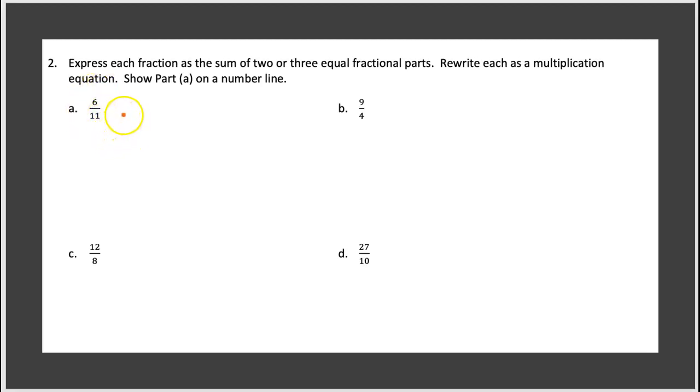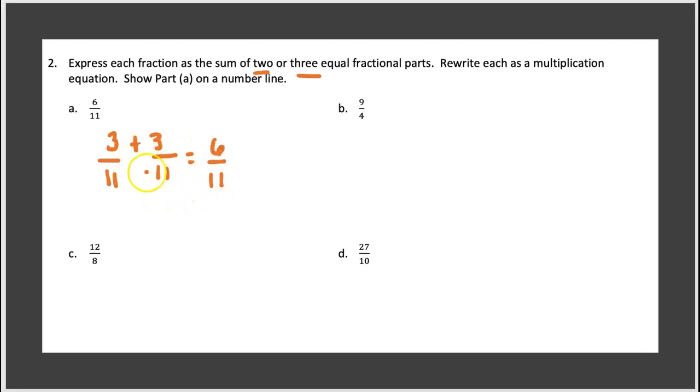Because it says 2 or 3, what 2 numbers will equal 6? Well, my brain automatically goes to 3 plus 3, because I know 3 plus 3 is 6. So if I put those over 11 and keep the denominator, I know that I'll get 6 over 11.